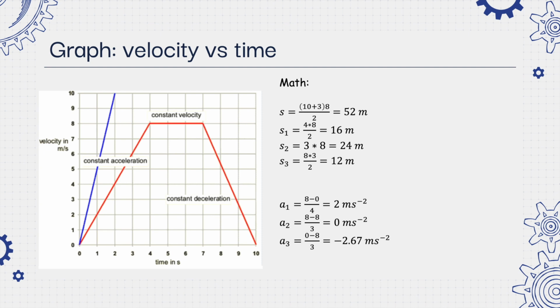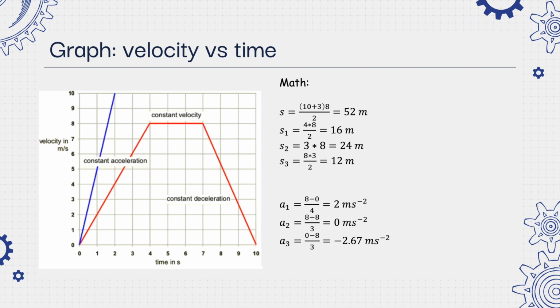Now this is a pretty cool feature of this graph, velocity versus time: we can calculate the displacement in each portion of the graph just by calculating the area below the line. For example, in the first part, the constant acceleration between time 0 and 4, if we want to calculate the displacement in those 4 seconds, we can just calculate the area below the red line.